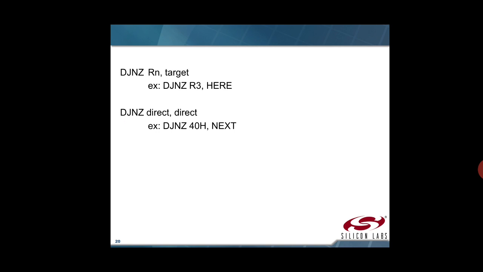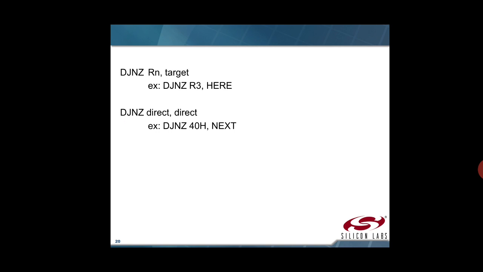DJNZ Rn comma target means the content of R3 will be decremented by 1. If it is not equal to 0, then it will go to the location called here. The important point is that R3 will be affected by the change.